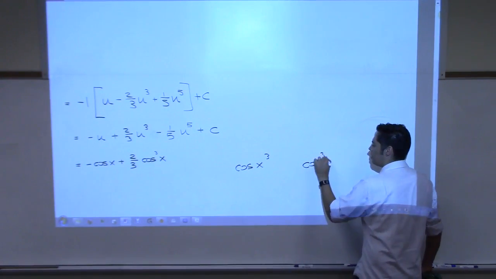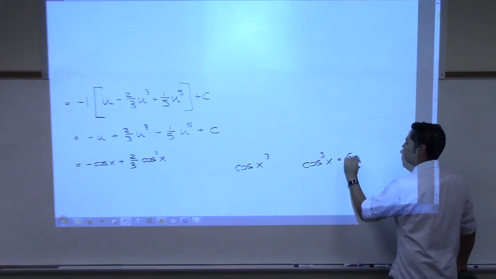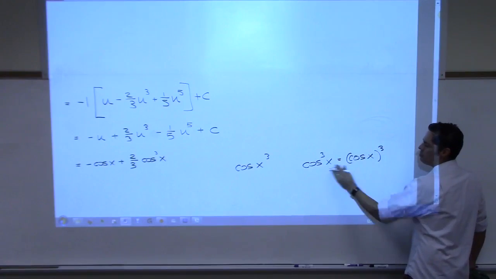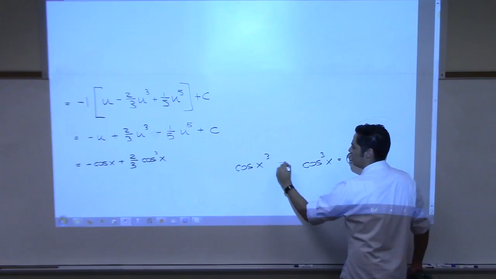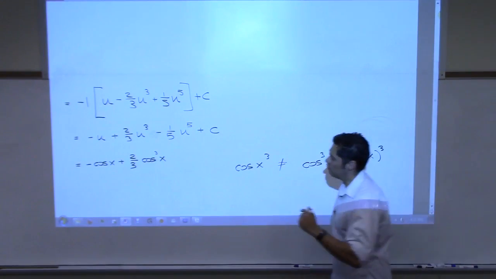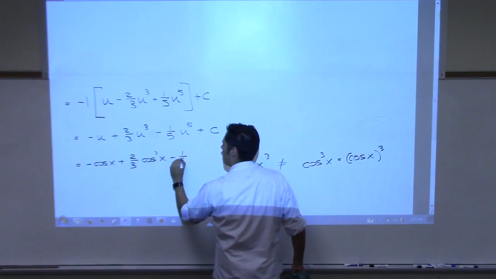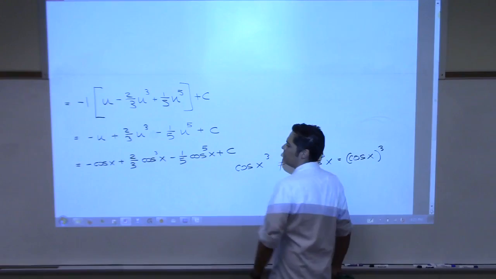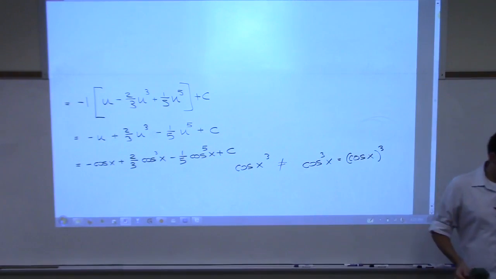So this is actually that. Those two are the same. This is not. That's not equal to that. All right, minus 1/5 cosine to the 5th x plus C. There we go. Good.